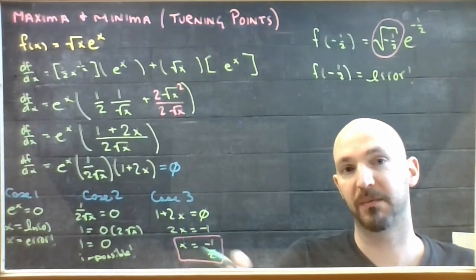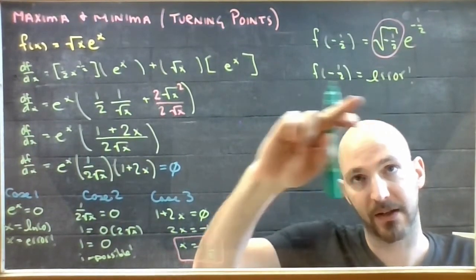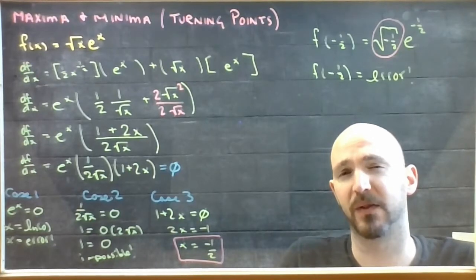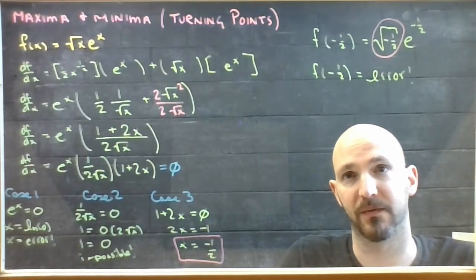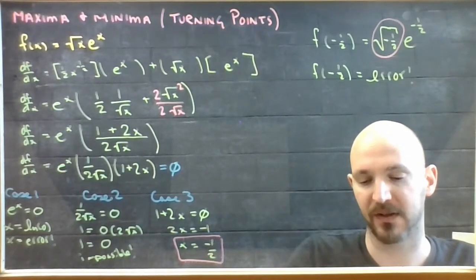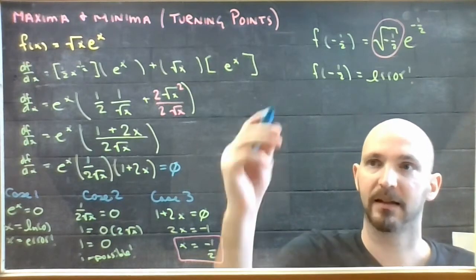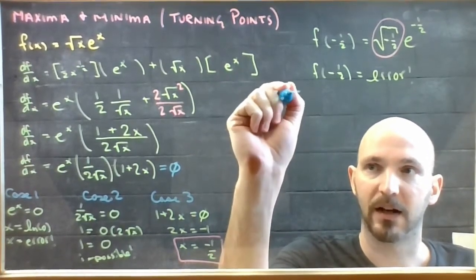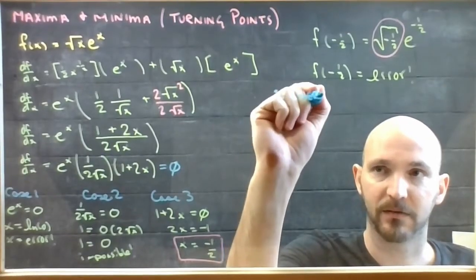So even though there was a potential turning point, that turning point failed because of the domain of one of the pieces of the function. So if that happens to you, what you write then is, therefore, there are no turning points.